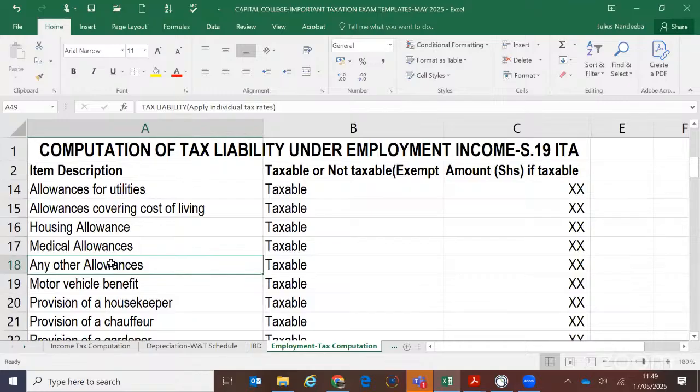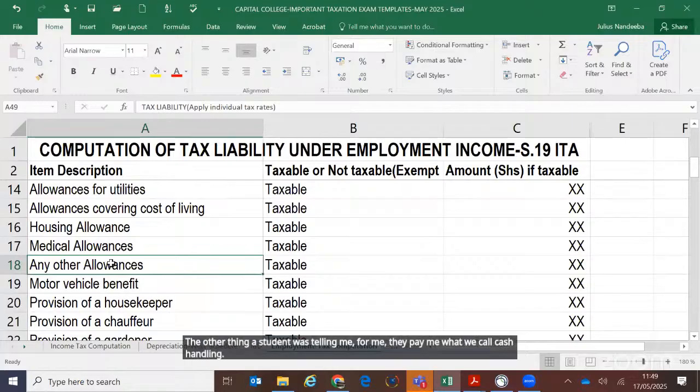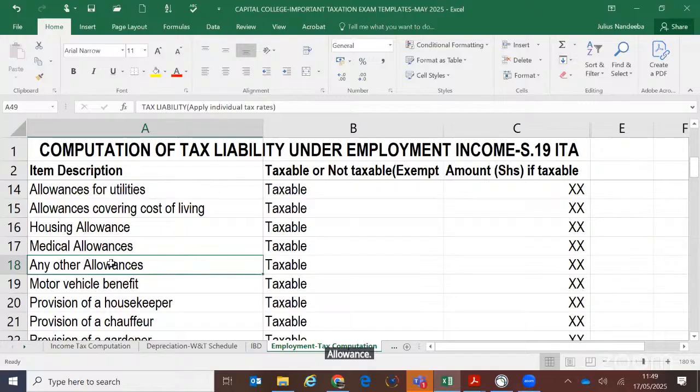Next, any other allowance. Now, you companies have so many names of allowances. The other time a student was telling me, they pay me what we call cash handling allowance. Yes, cash handling allowance. That is an allowance. So every time they give you any allowance, you just know that it is taxable unless it falls under the 8 things that we are going to discuss.